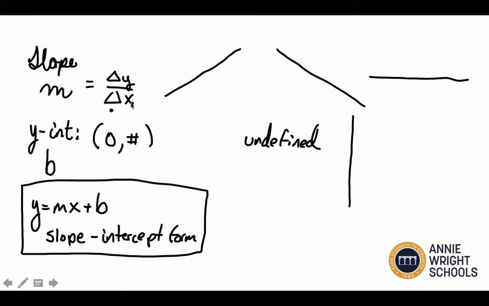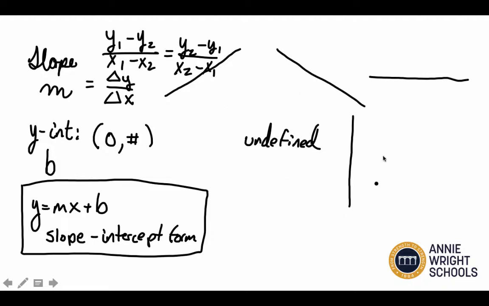Good? We should know how to find the slope between any two points using the formula y1 minus y2 over x1 minus x2. That's the same as y2 minus y1 over x2 minus x1. Said another way, change in y over change in x.